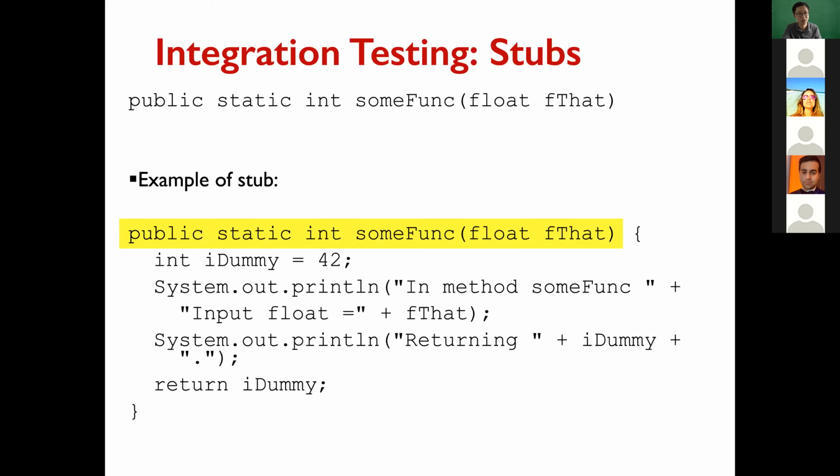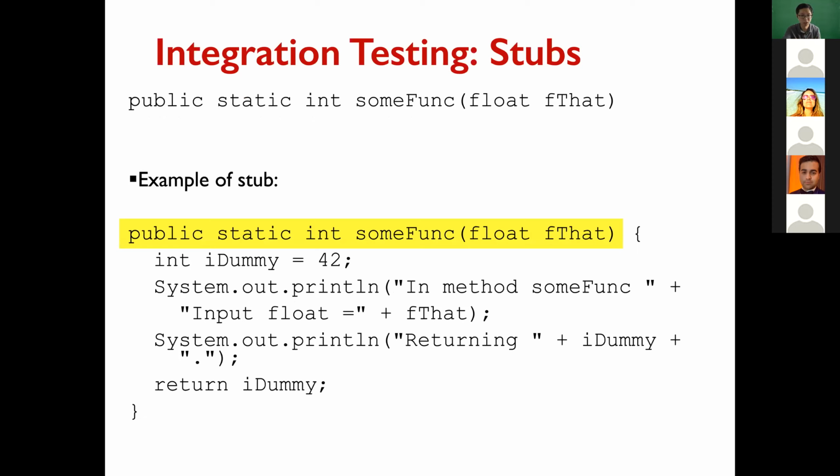Here, for example, we want to test a function that depends on the method sumFunc, but we don't want to involve the sumFunc definition unit because we want to keep them in isolation. So we can use a stub to replace the function sumFunc, defining sumFunc in a simpler way.